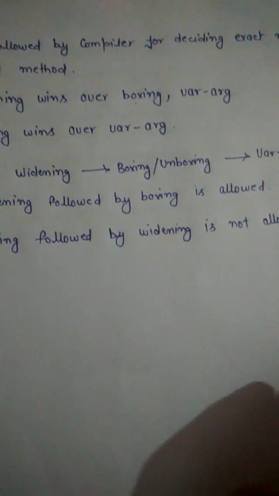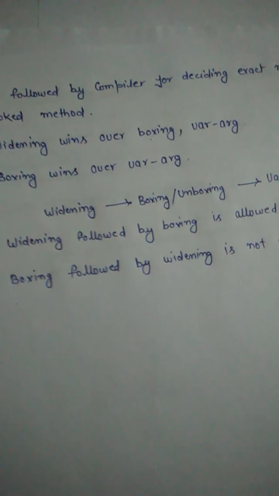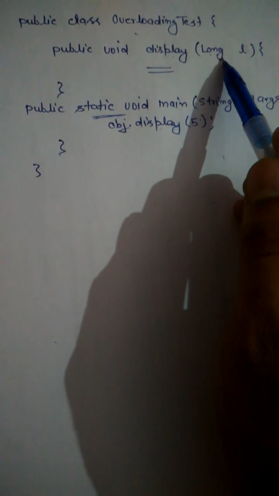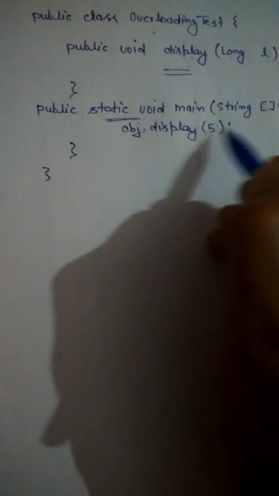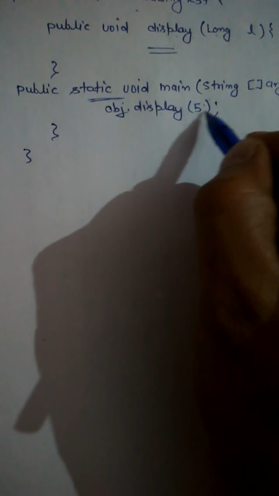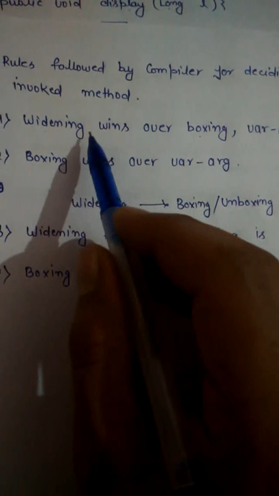When our invoking method doesn't find the exact match, meaning I passed a primitive integer here, but there is no method which is accepting a primitive integer, in that case, when the compiler doesn't find the exact match for the invoked method, which is display, then first of all it will look for its widened type.